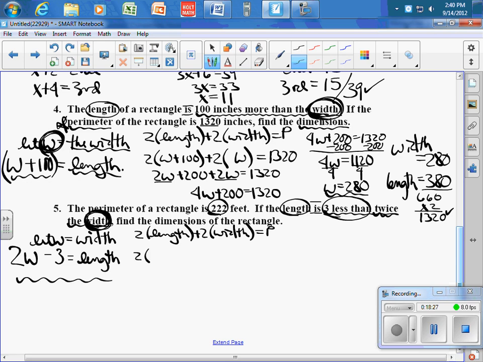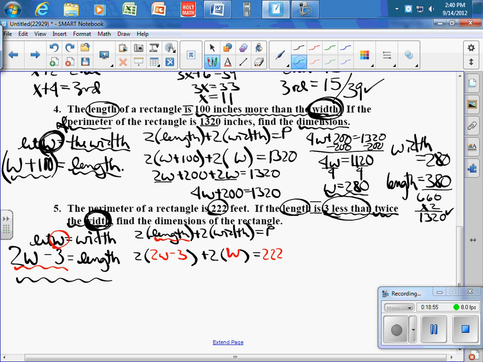So I'm going to have 2 times, now the length, we're using 2W minus 3. So I'm going to put that in this parentheses. And I'm going to use W for the width. And my perimeter is 222.